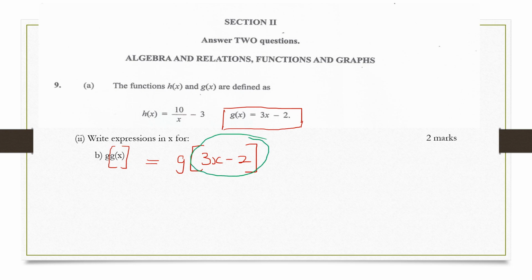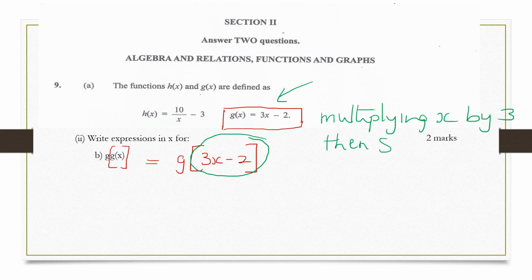So when we look here at this function, we're multiplying x by 3, then subtracting 2. So let's do that.